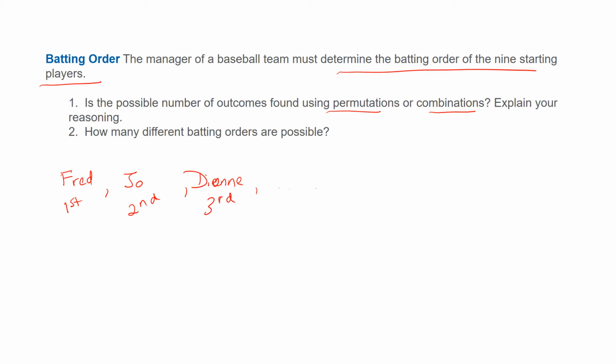Is that a different batting order than choosing Joe first, Dion second, perhaps Frank third, and then let's pull Frank up here last, so we have 4 batters here, and then we'll choose Fred.